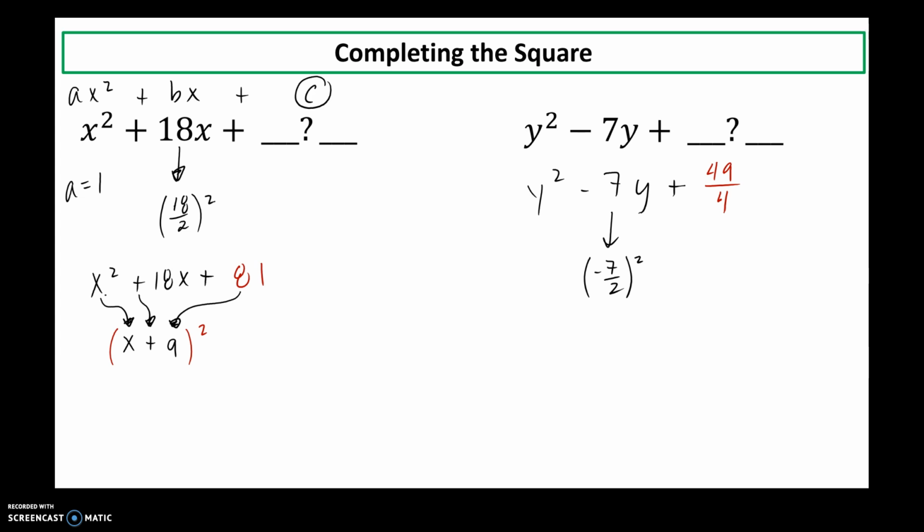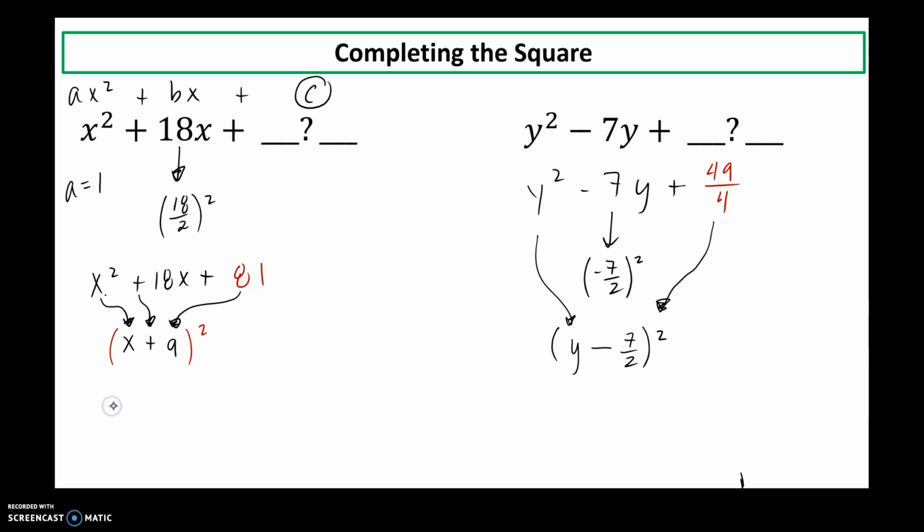Okay, so I'd like to try and get you to think that every piece of the expression gives you a piece of information about the factor. So y squared minus 7y plus 49/4. Square root of y squared is y. My middle term is minus, so my binomial needs to be subtraction. And then when I look here, square root of 49/4 would give me 7/2. And then that quantity would be squared.